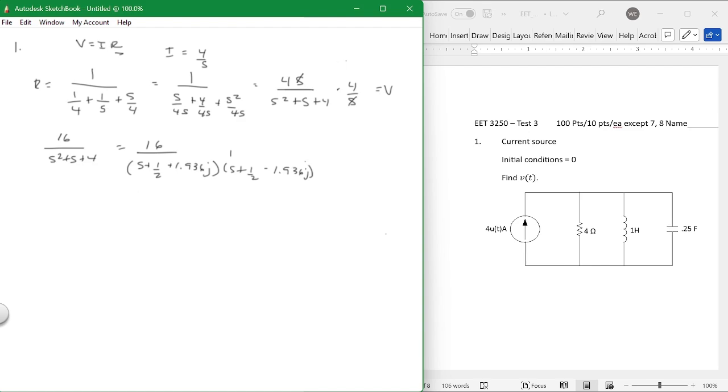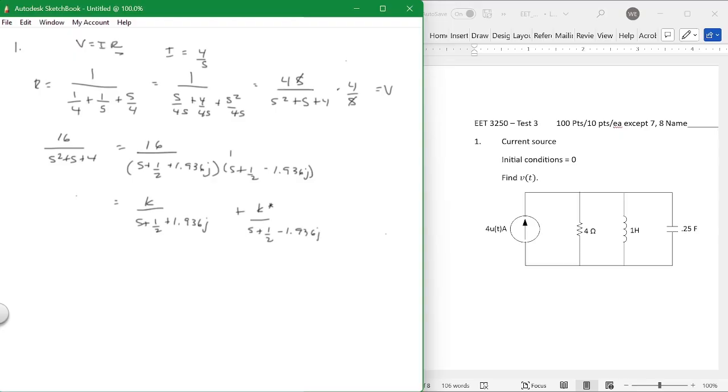Now you solve this: it's equal to K over S plus a half plus 1.936j, plus K star over S plus a half minus 1.936j.